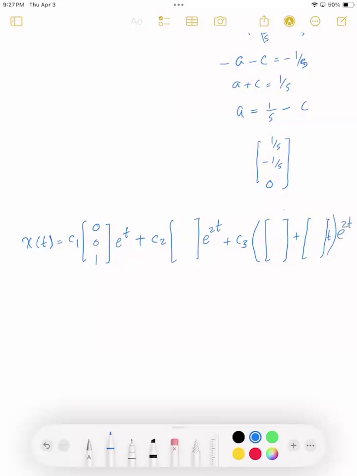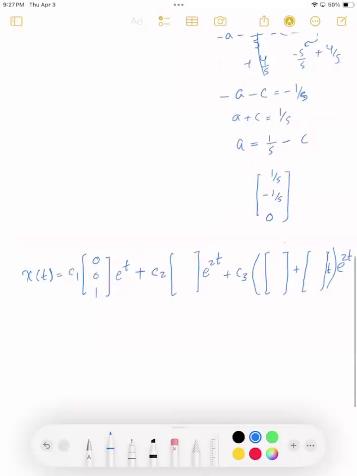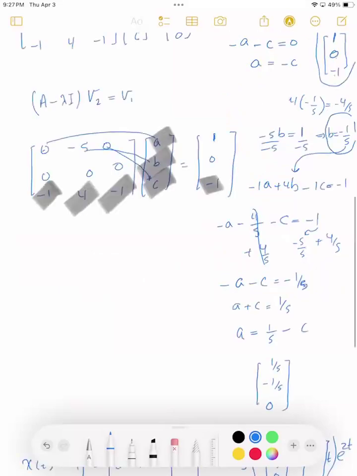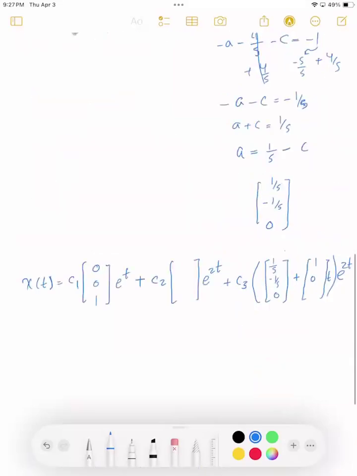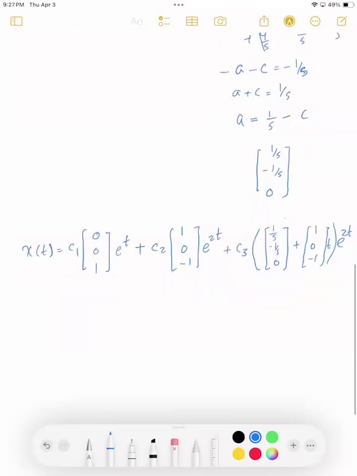So what vectors go here? This one is 1/5, negative 1/5, 0, and this one is just going to be 1, 0, negative 1 here, and 1, 0, negative 1 here. So now I have the following solution, and all three are linearly independent.